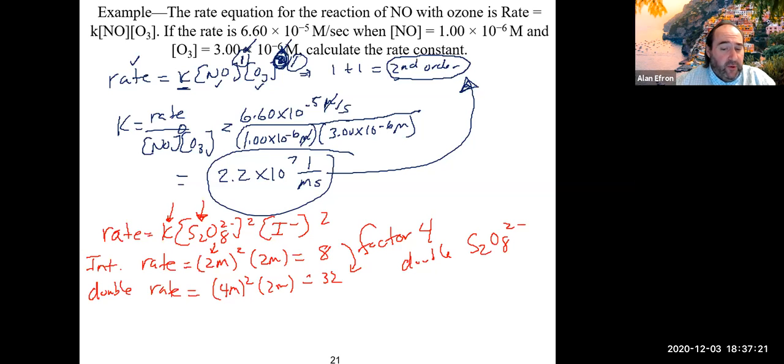And our rate would drop from 8 to 4, which is going down by a factor of 4. So again, you could use these rate laws and really just basic numbers to figure out what would happen if you adjusted these concentrations, and how the rate would be affected by that.